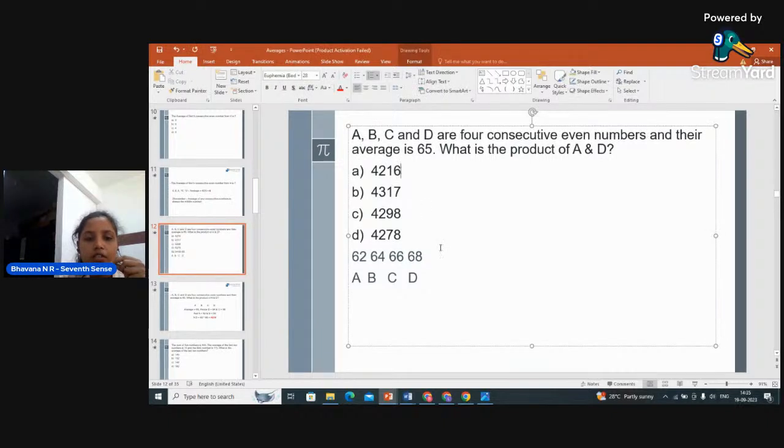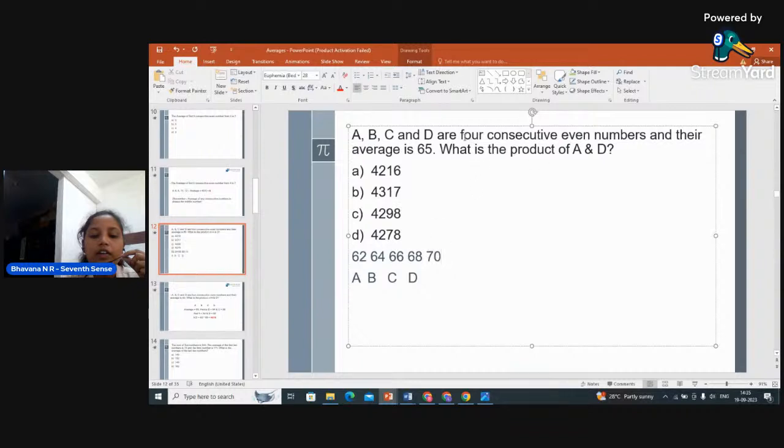It's option A. Here we need not calculate any numbers, we can easily identify it because they have clearly given four consecutive even numbers and their average is 65. Suppose they had given the average as 66, we would have to write one more, 70.